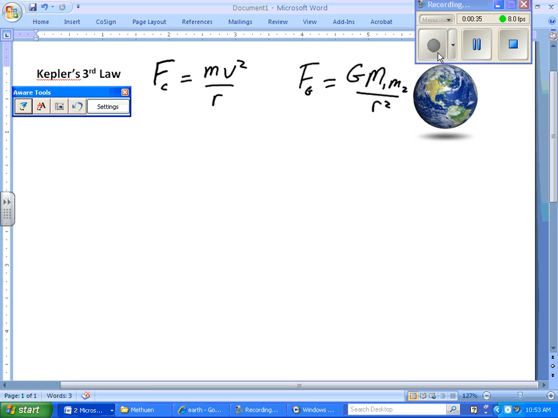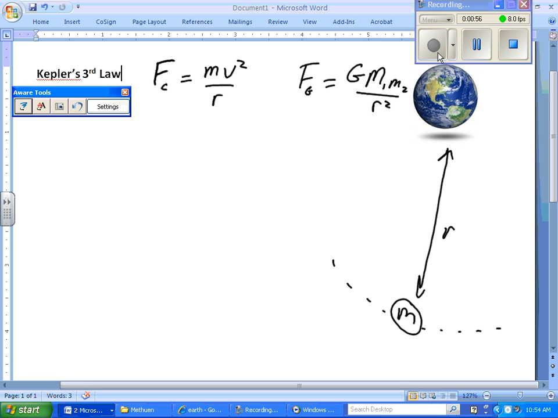So let's take the hypothetical situation of a mass orbiting a planet. We'll have a little mass out here, and it's orbiting planet Earth at a distance of, we'll just call it r, between the Earth and the planet, or whatever mass it is.